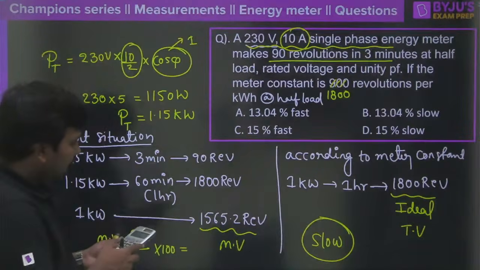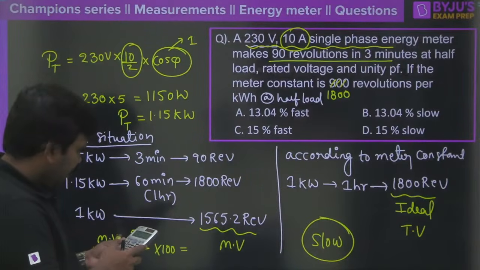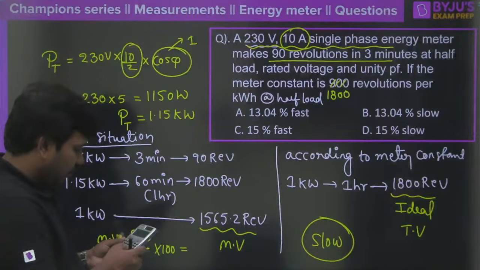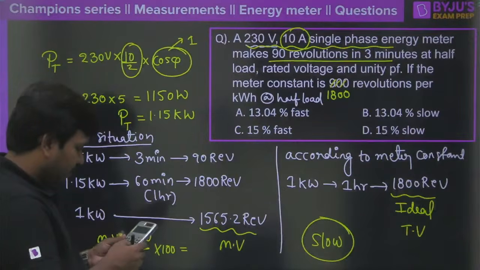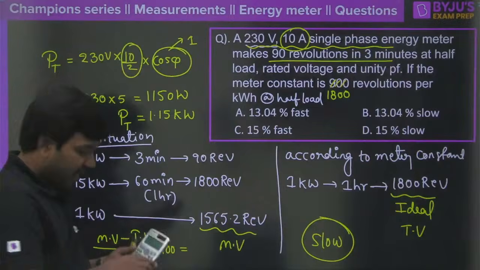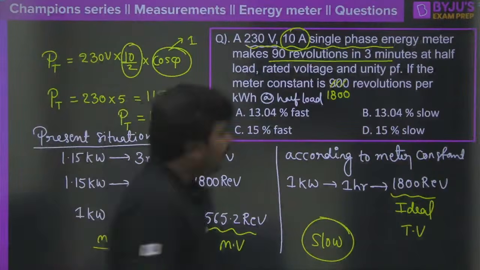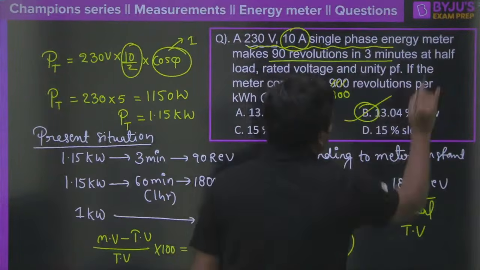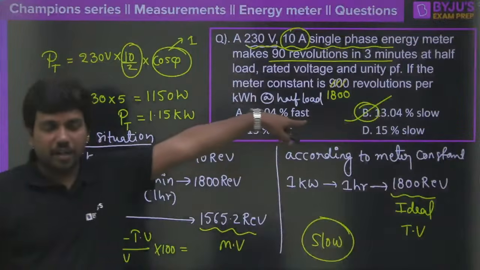Please see here, let me write down: 1565.2 minus 1800, divided by 1800, into 100. My calculator is showing minus 13.04, so 13.04 percent slow. This is correct. Option B is the correct answer for this question.